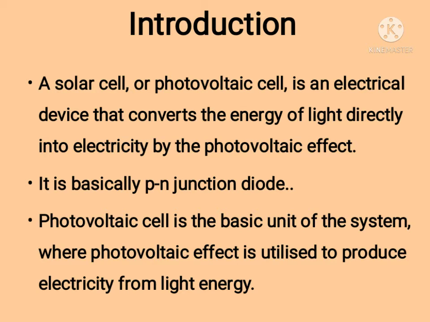Semiconducting materials like arsenide, indium, cadmium, silicon, selenium, and gallium are used for making photovoltaic cells. Mostly silicon and selenium are used for making solar cells.